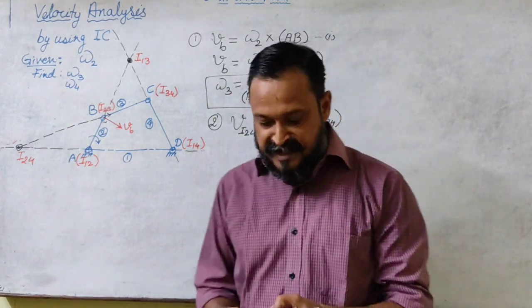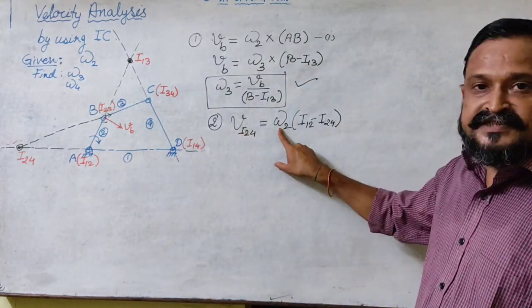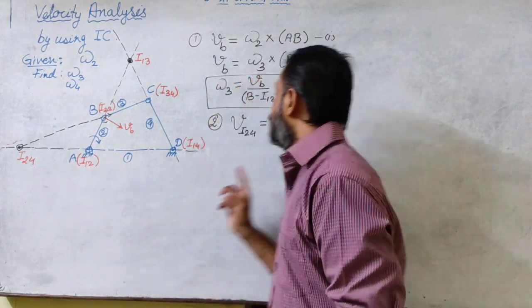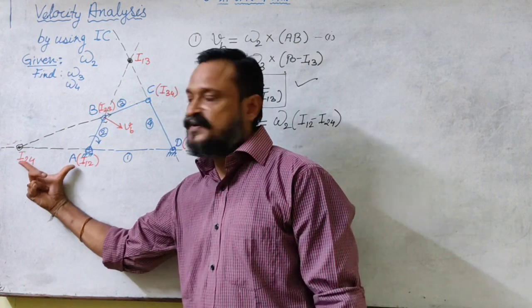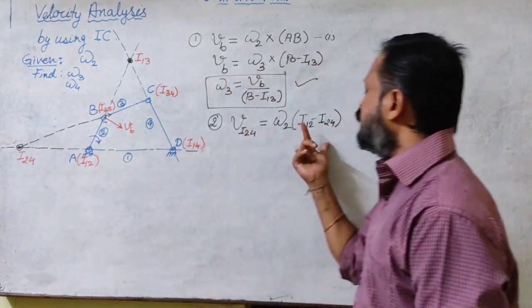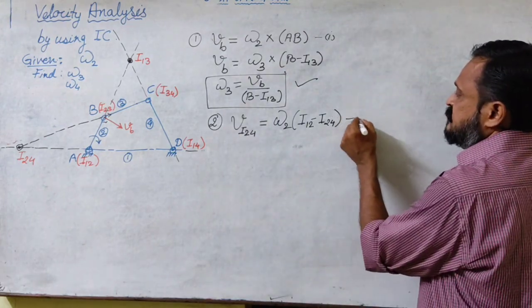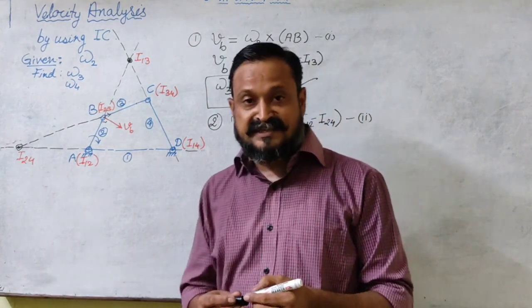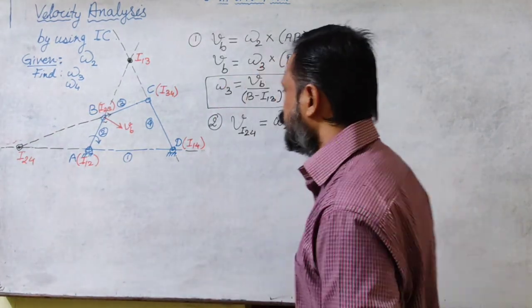This omega 2 is known to us, and these two distances, I12 and I24, I can measure from the configuration diagram. Let us call this equation number 2. That is how I can determine the instantaneous velocity of the instantaneous center I24.